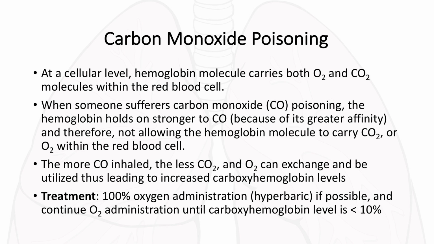So that will essentially give you your effective O2 saturation. So if you draw a carboxyhemoglobin level and it's 20% in the body, then physically your body can only have 80% oxygen saturation due to that carbon monoxide. So you want to continue O2 administration until that level is less than 10%, so you know that the body is capable of carrying O2 saturation of greater than 90%.